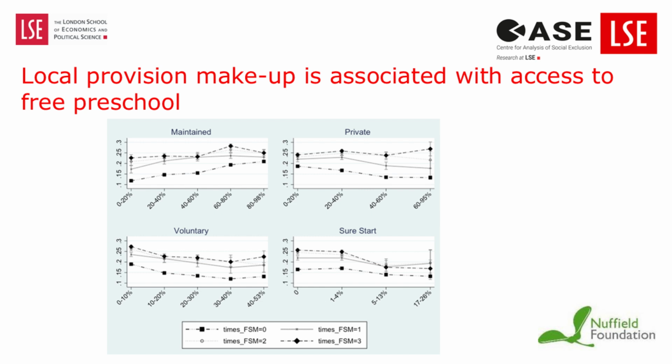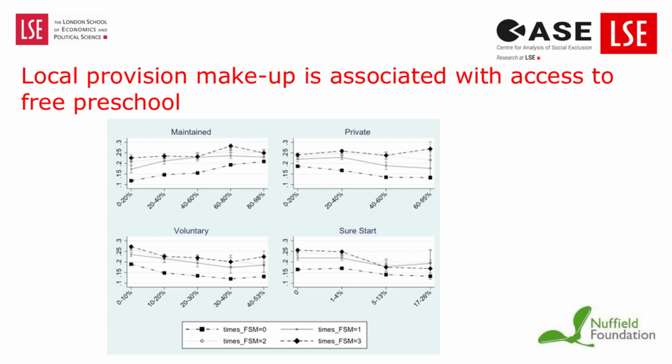We're also particularly interested in Sure Start because of the fact that it's been cut. Sure Start centres are closing down. They're still closing down. So since 2011, I think we've lost about a third of our Sure Start centres. So that's why it's quite nice that we have the 2011 data with enough of them remaining, that we can look at this and we can see that actually a predominance of Sure Start in the area promotes equality in attendance.